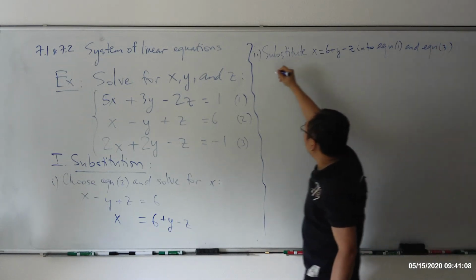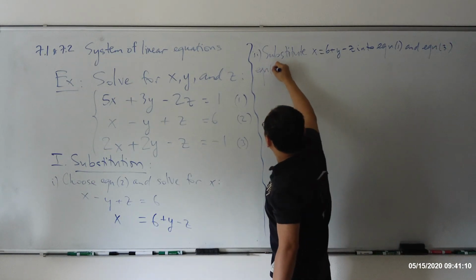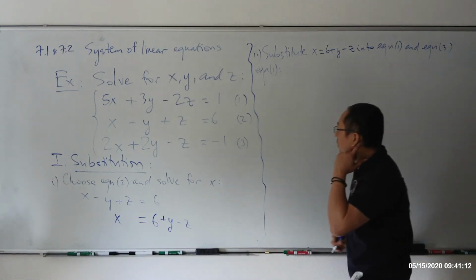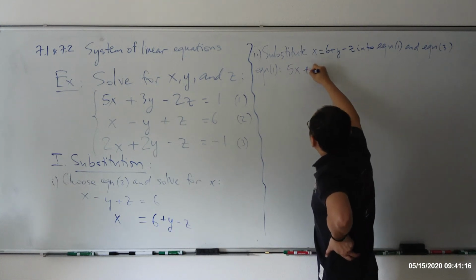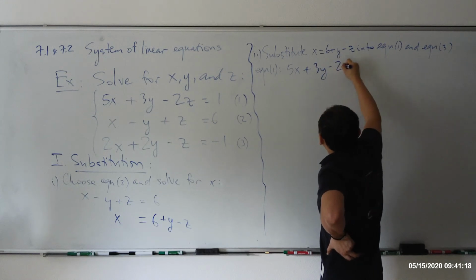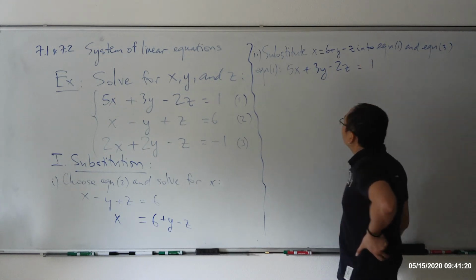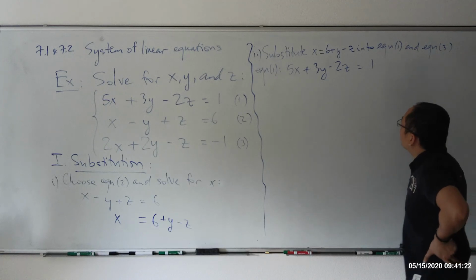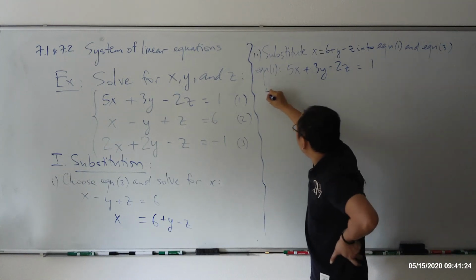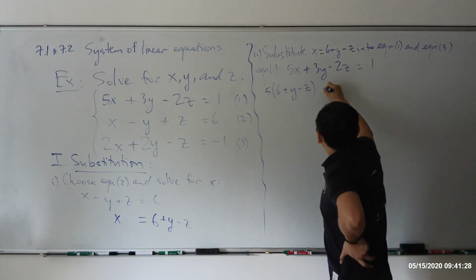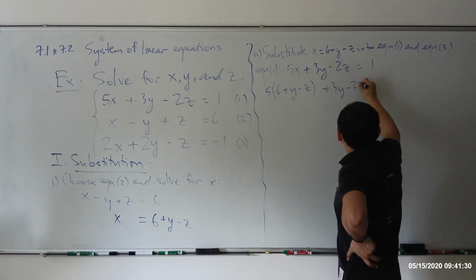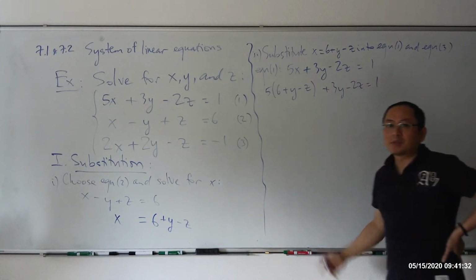So let's start with equation 1. Equation 1, we have what? 5x plus 3y minus 2z equal to 1. I will replace x by 6 plus y minus z, so I get 5 times (6 plus y minus z) plus 3y minus 2z equal to 1.